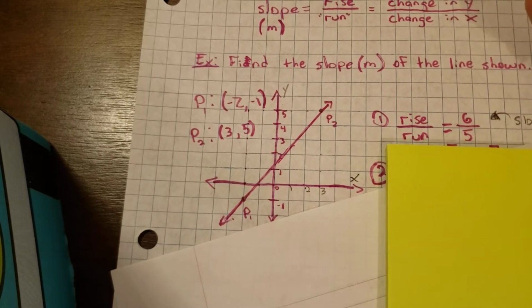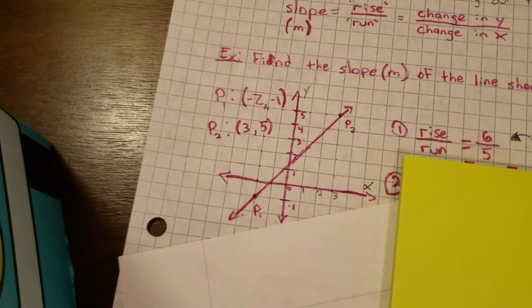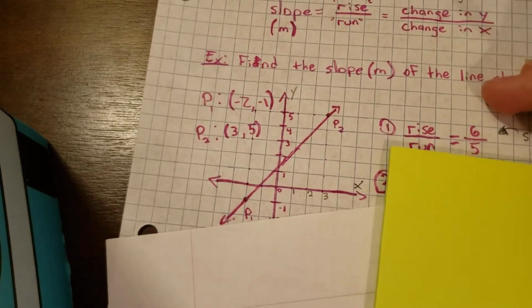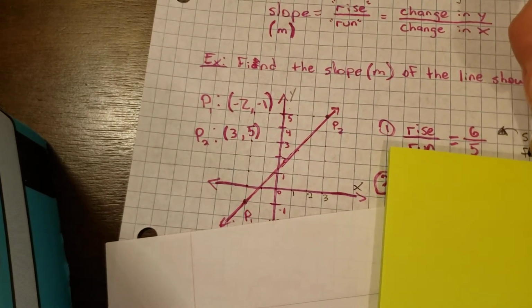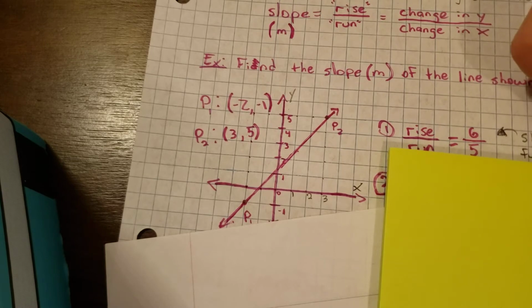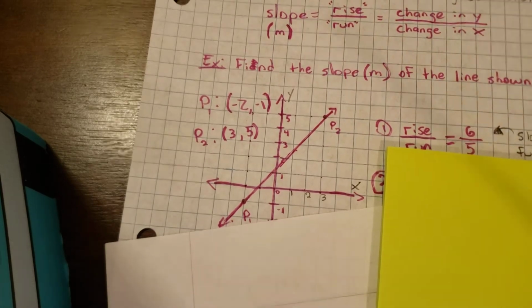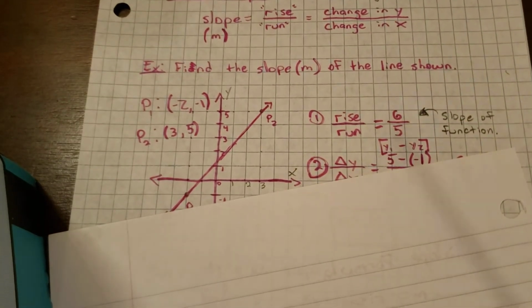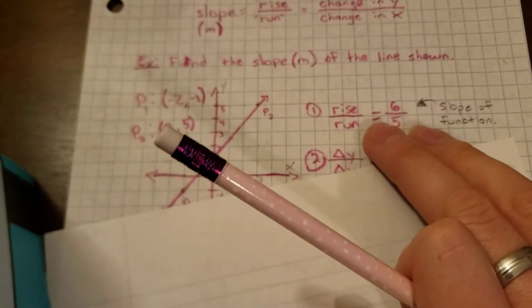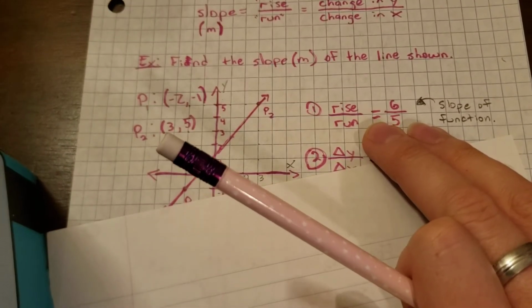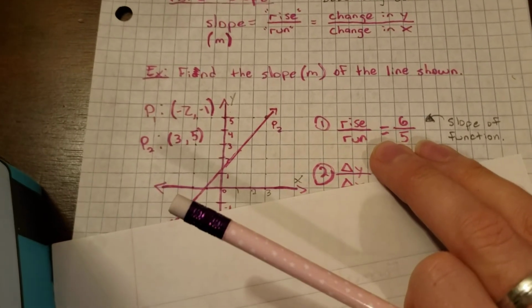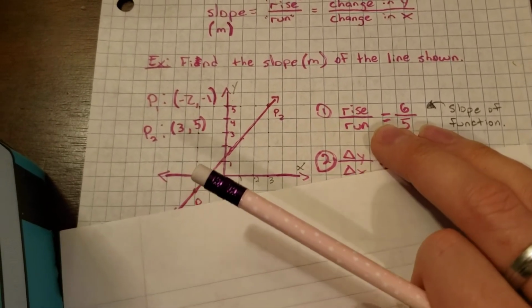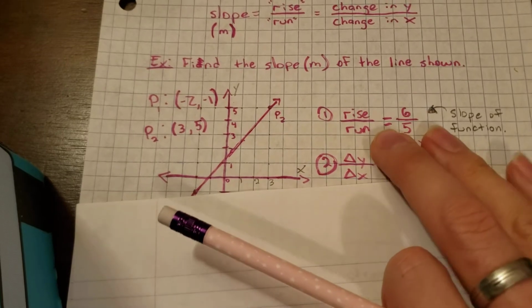Slope of function is 6/5. Now, there is a second way to show this.